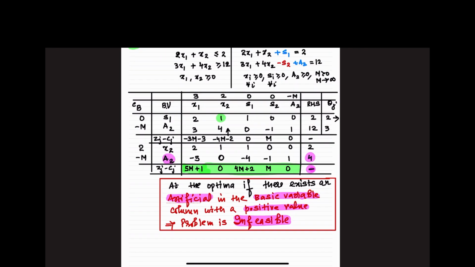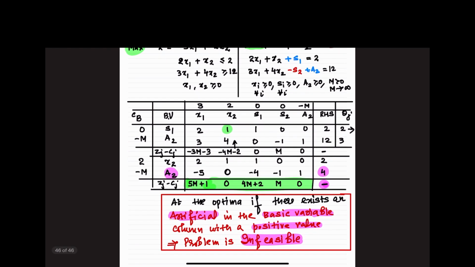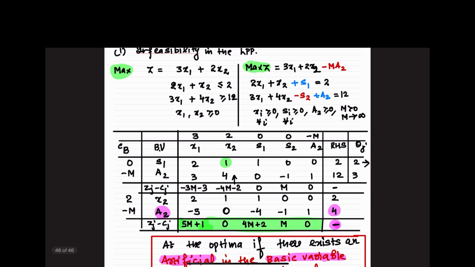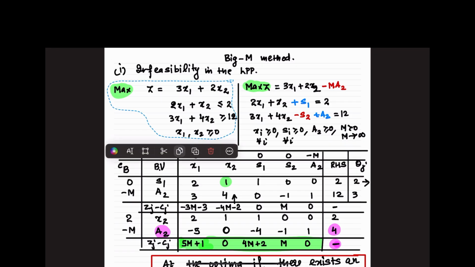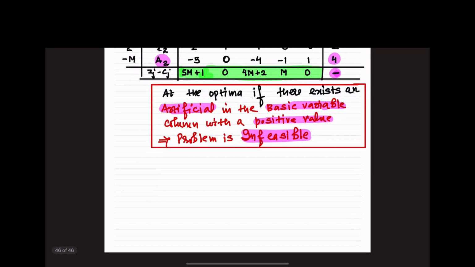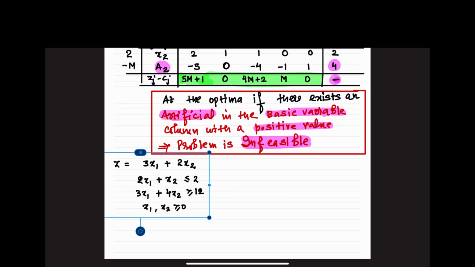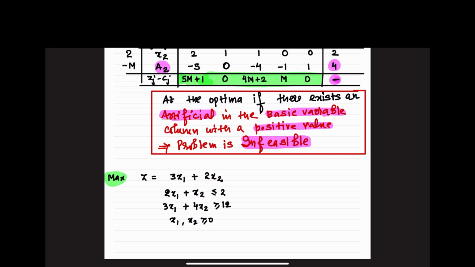See, if we wanted to solve this problem using the graphical method, we would see that the problem is in fact infeasible. So this is the LPP. So let's say we draw the graph of this. This is x1. This is x2. The first constraint, put x2 as 0. So what is x1?